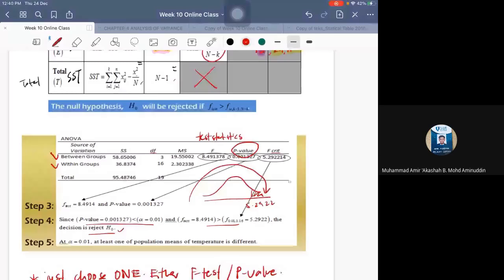But the thing is that you don't have to use both values, you only have to pick one. Either you use the F-test or you use the p-value. But the main point is that whatever value you pick to do the test, both of them are going to give you exactly the same conclusion. If reject, both of them are going to reject. Do not reject, both of them are going to be do not reject.